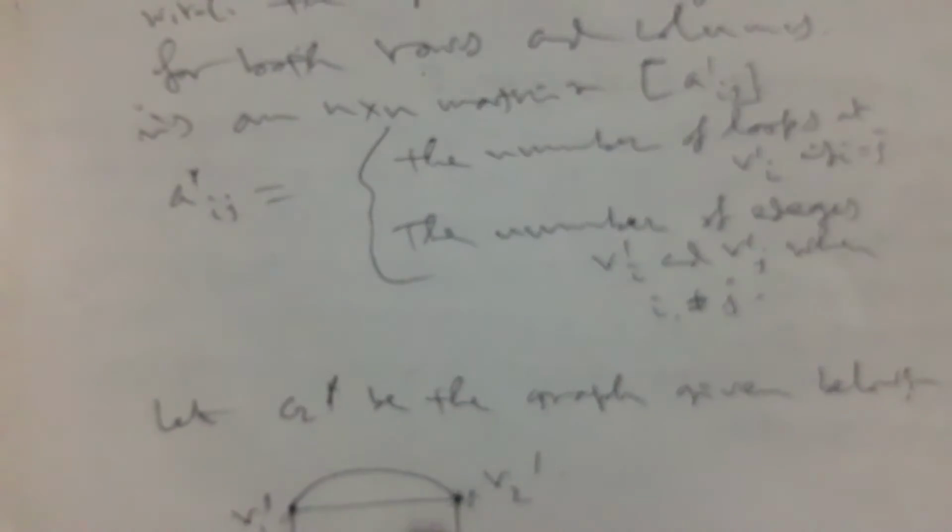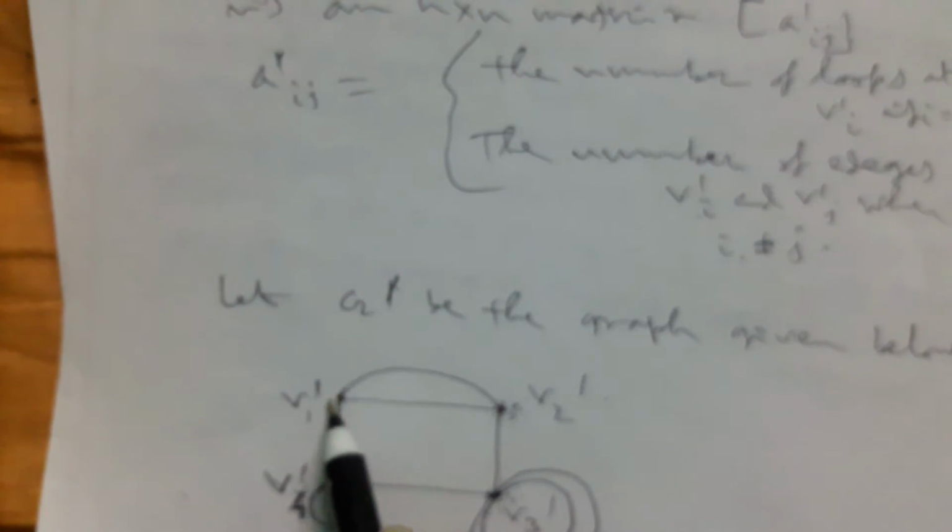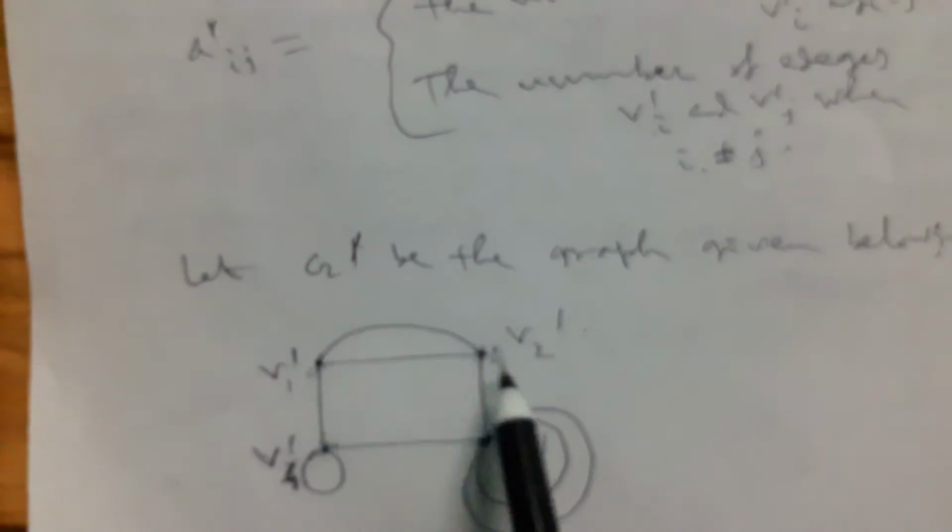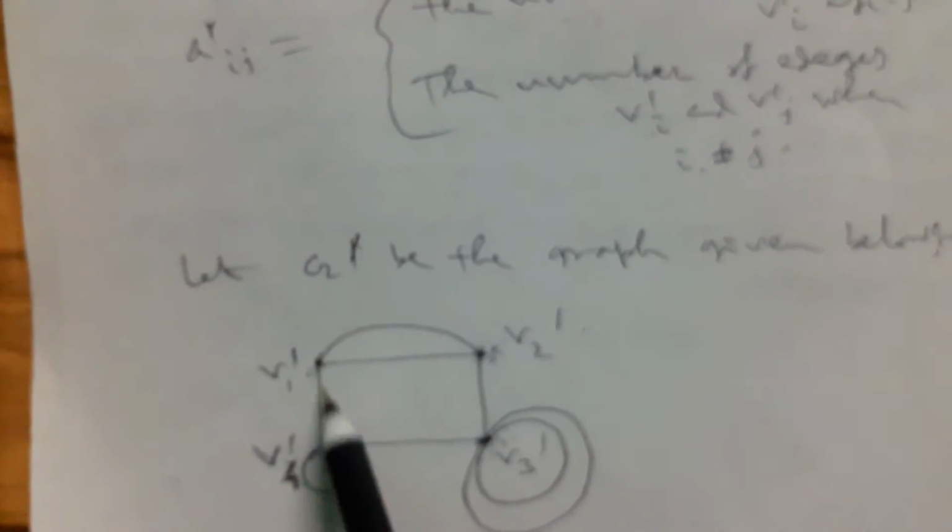V1 dash, V2 dash, two parallel edges, the result will be 2. V1 dash, V1 dash, no loop is there. By the definition of the loop at i equals j, since there is no loop, the result will be 0. V1 dash, V4 dash, only one edge, so the result will be 1.